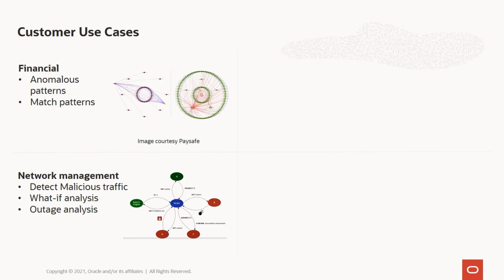And also, there is some interesting work being done around using graphs to detect malicious traffic. So rather than looking at IP addresses and IP packets as individual entities, you can look at how the IP packets are flowing between nodes and create a graph from that and use that to detect similar patterns.